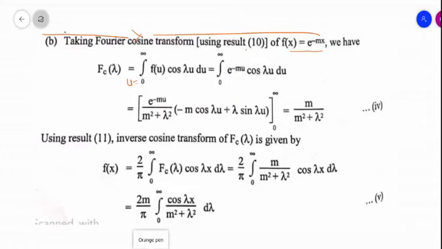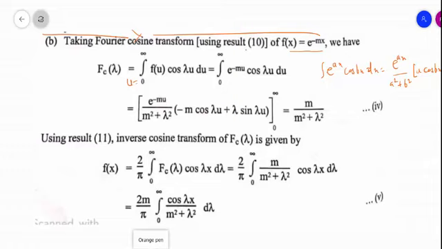Again use the result like this: integration of the product of an exponential function with a cosine function is given by e raised to ax upon a square plus b square into a cos bx plus b sin bx.